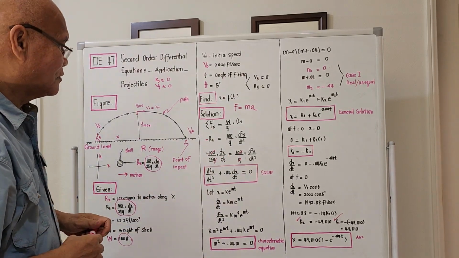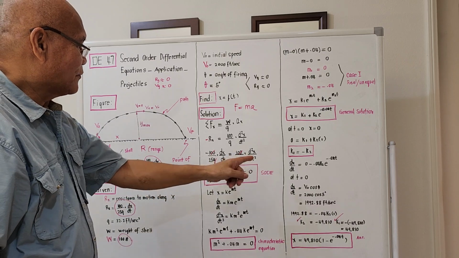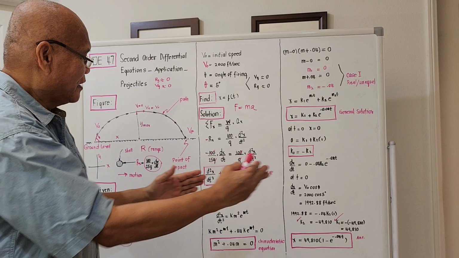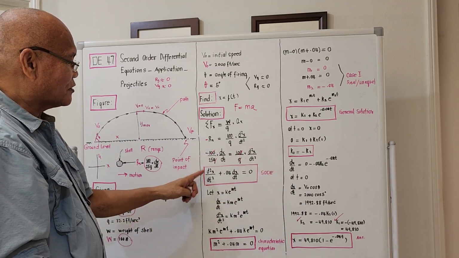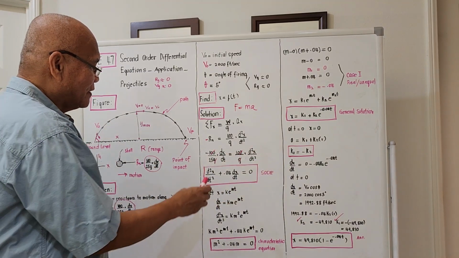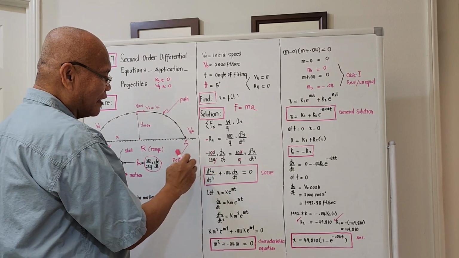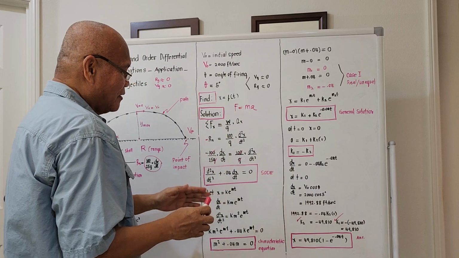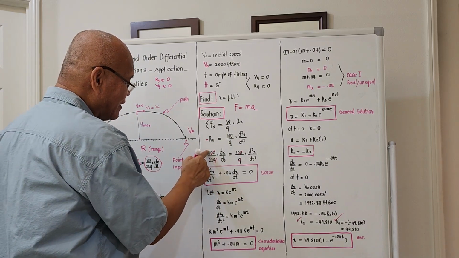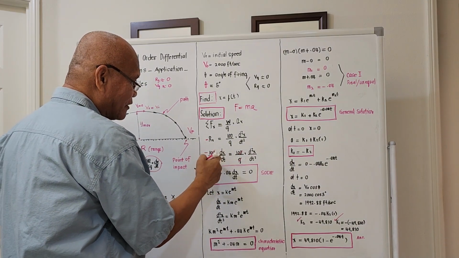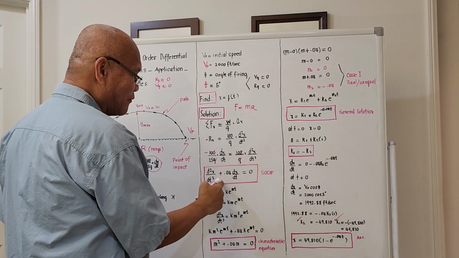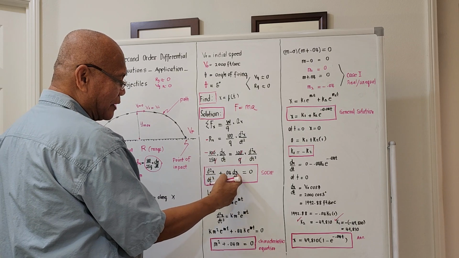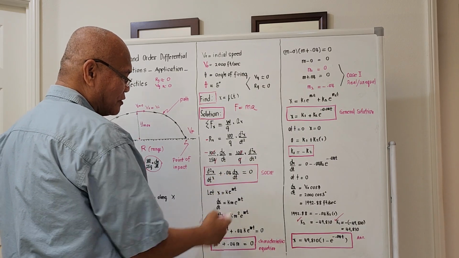So the coefficient on the right hand side will now be unity. I rearrange it, so d square x over dt square, and this negative sign is transposed to the other side, so it will now be plus. And 1 over 25 is 0.04 times dx/dt equal to 0.